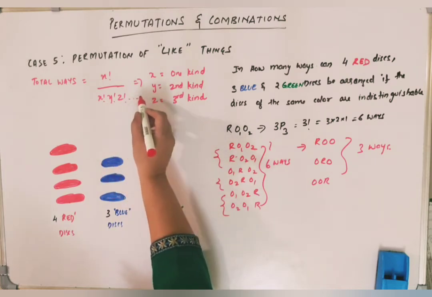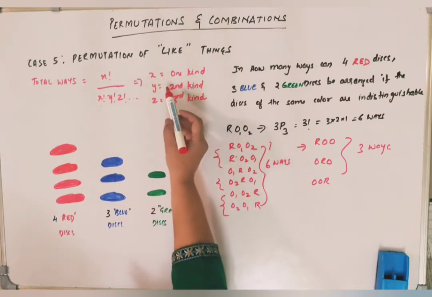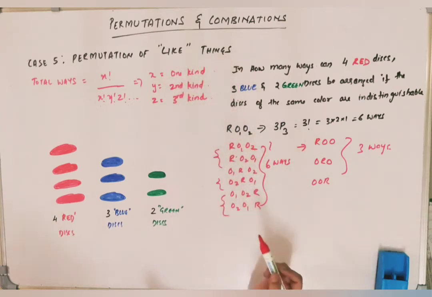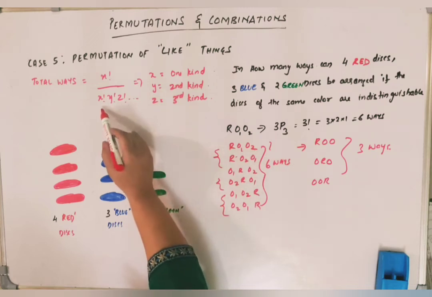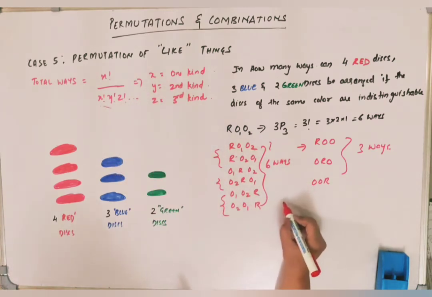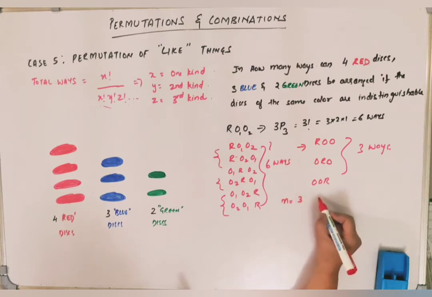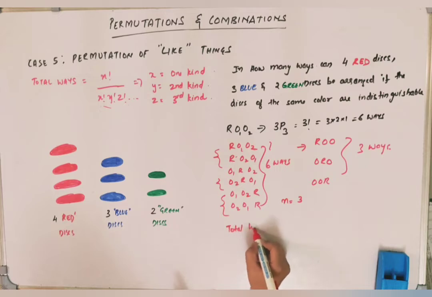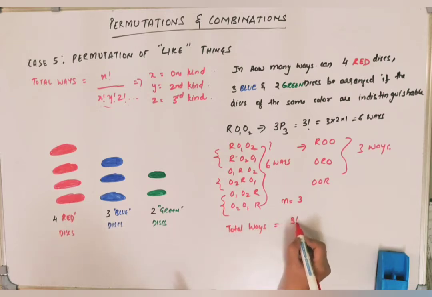This can go into any number. This x factorial is nothing but objects of one kind, objects of second kind, objects of third kind, right? All the repeated kinds is what we put in the denominator. So in this case, what is n factorial? What is n? n is equal to 3. So if I use this particular formula, I'll get total ways is equal to 3 factorial by x factorial into y factorial.